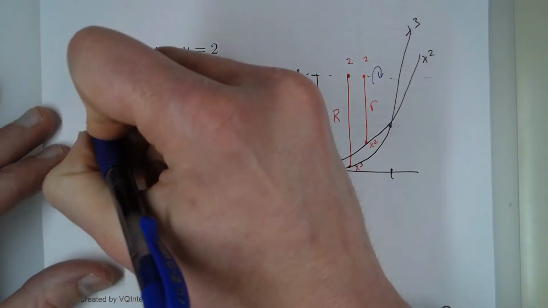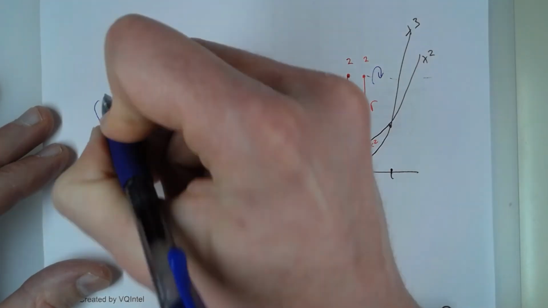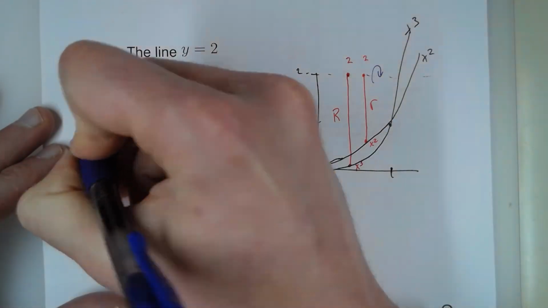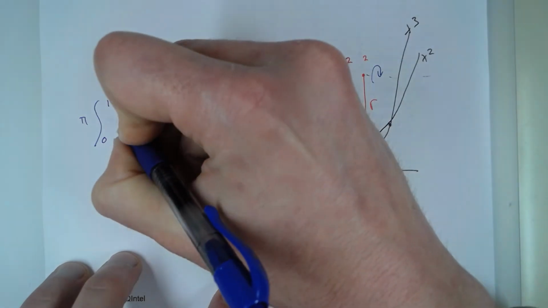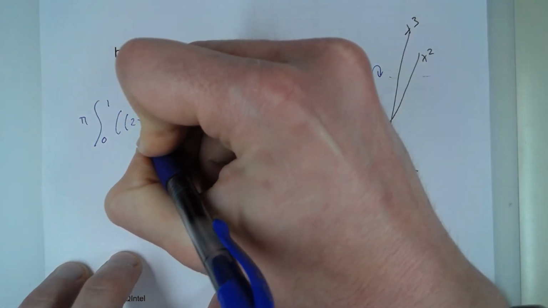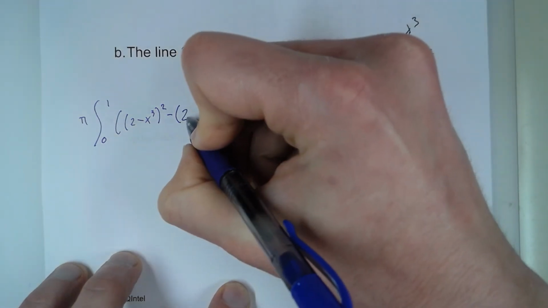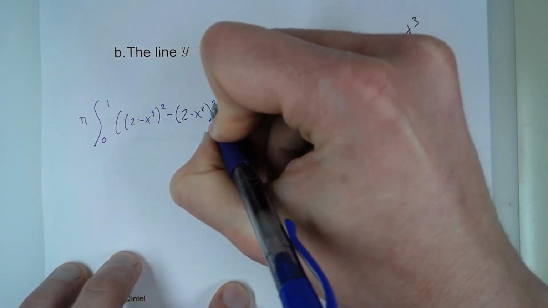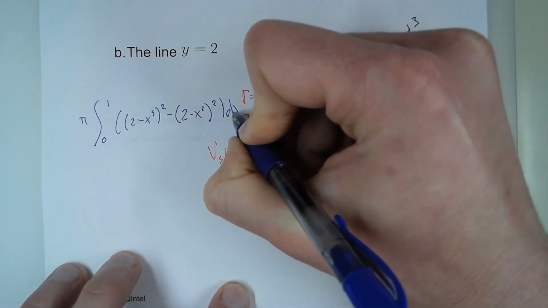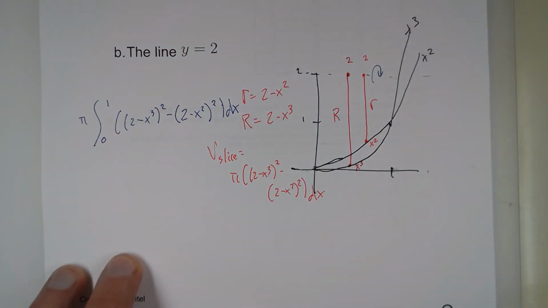And so to get the volume, we add up all the slices from 0 to 1. I'm going to put pi out front. And so we have 2 minus x cubed squared minus 2 minus x squared squared, dx. There is our integral.